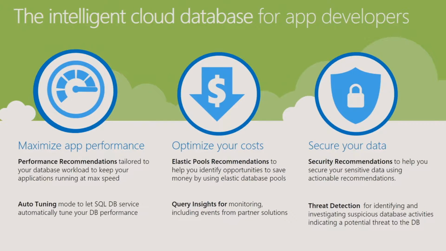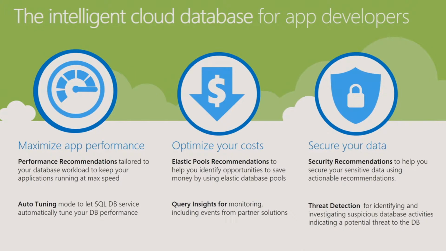In this session, we will cover 3 categories of SQL intelligent features, starting with the performance intelligent features that allow you to tune and configure your database based on your application profile. Moving on to the cost intelligent features, which allow you to control and explore your database expenses.